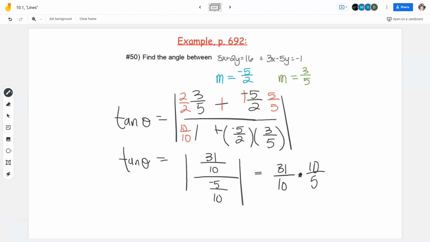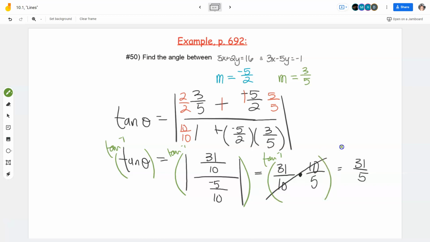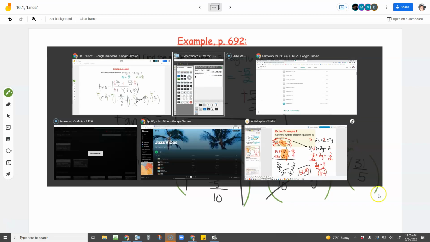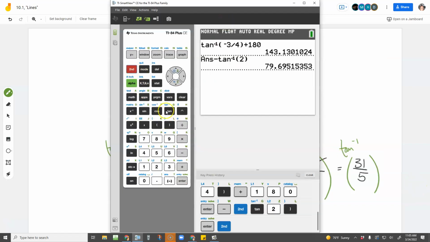Absolute value of a negative is a positive. I think I got it.